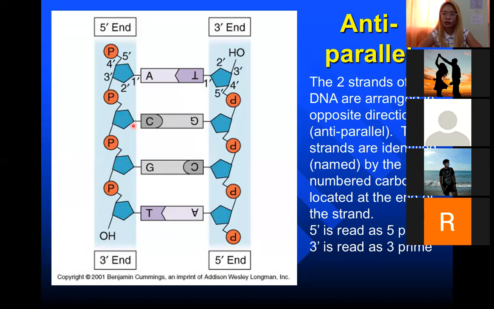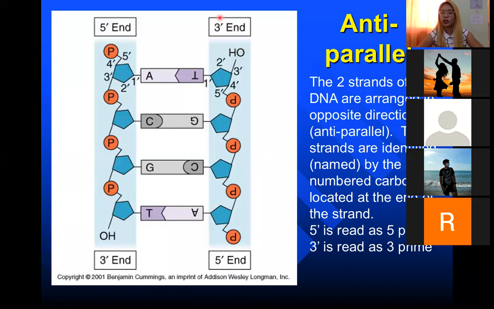So ang direction of movement niya is from 5' going to the 3', which is the exact opposite on the other strand. Kasi baliktad siya, di ba? Hindi sila iisang direction ang pinupuntahan. Anti-parallel sila. Ibig sabihin, they're going against each other's direction. So kung 5' to 3' itong isang strand, automatic, yung kabilang strand niya is the opposite.